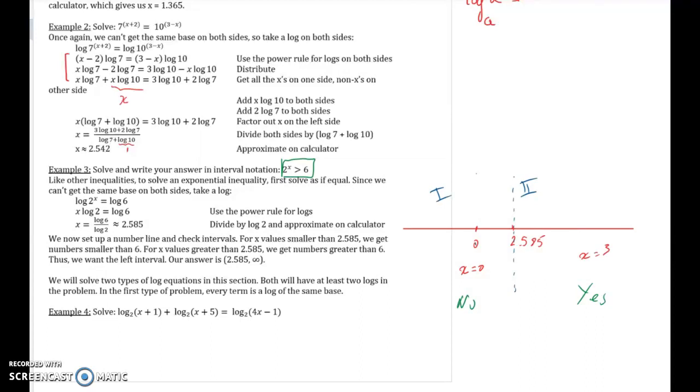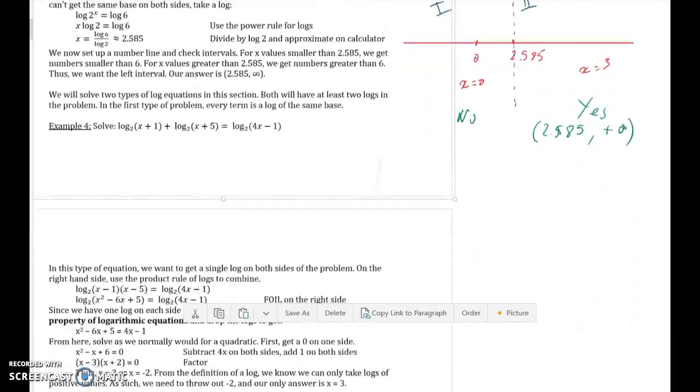Therefore, this is how we are able to define that the interval notation is going to be 2.585 to plus infinity, always a parenthesis next to plus infinity, and we're having a parenthesis because it's greater than, there is no equal, next to 2.585.